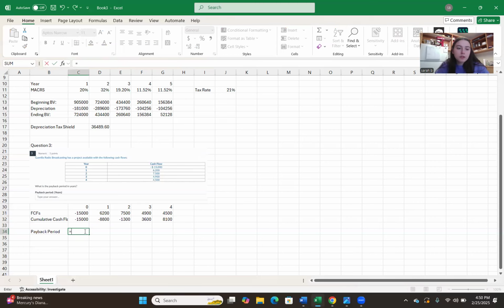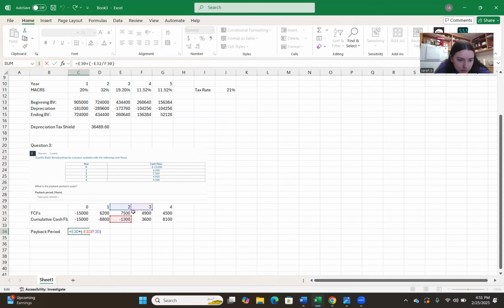So I'm going to say equals year 2 plus the ratio of how much you owe, but I want that number to be positive. So I'm going to put in a negative sign because this number is negative. Does that make sense? It's turning it to positive. Divided by how much I made in the next year. Okay.